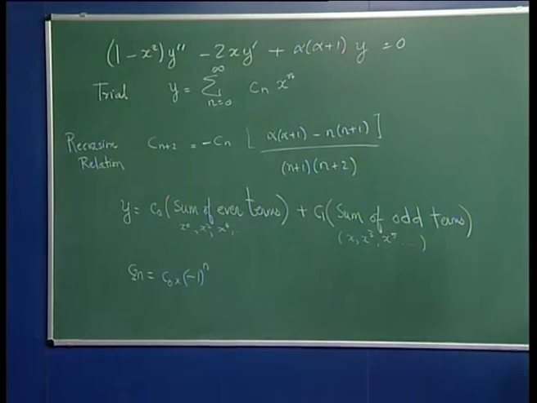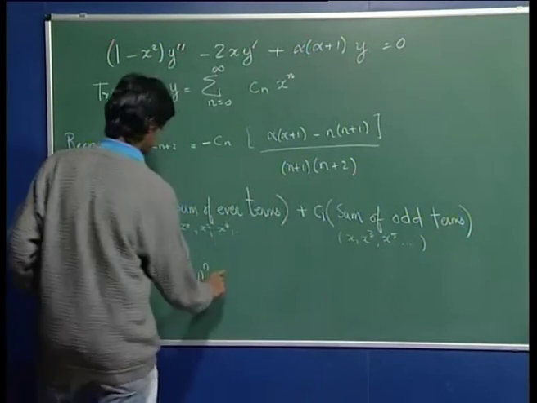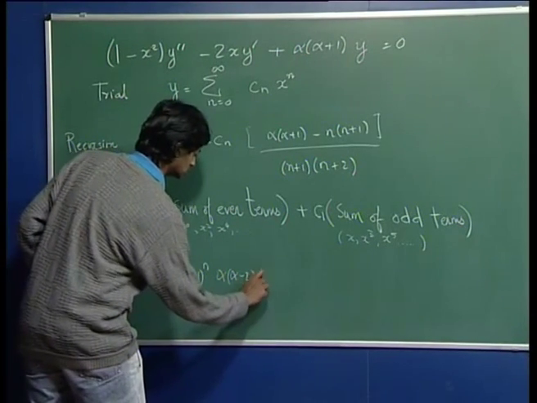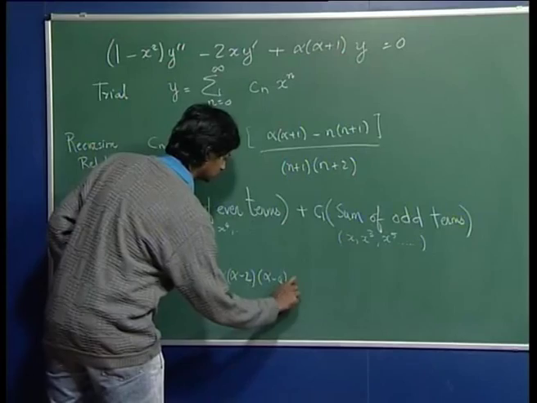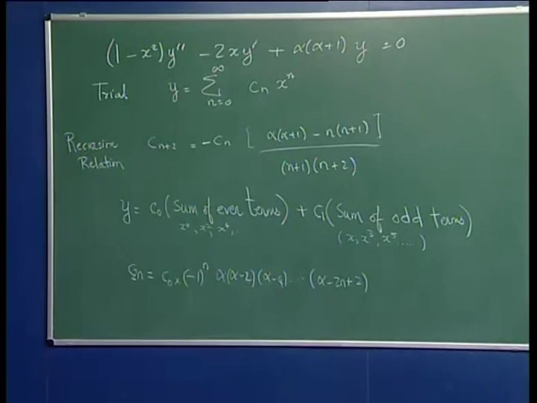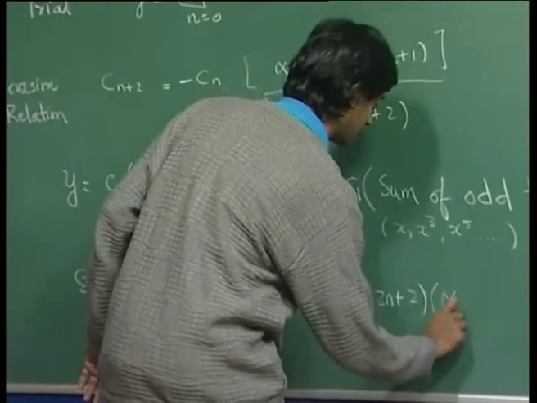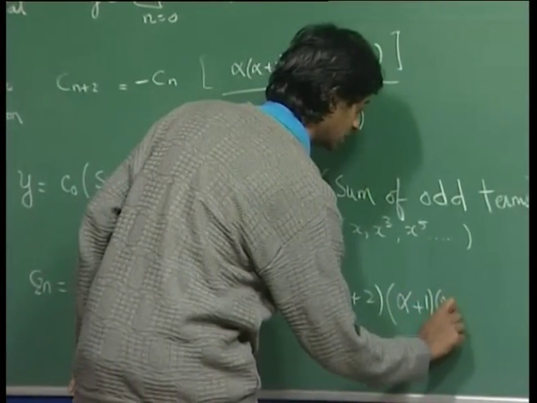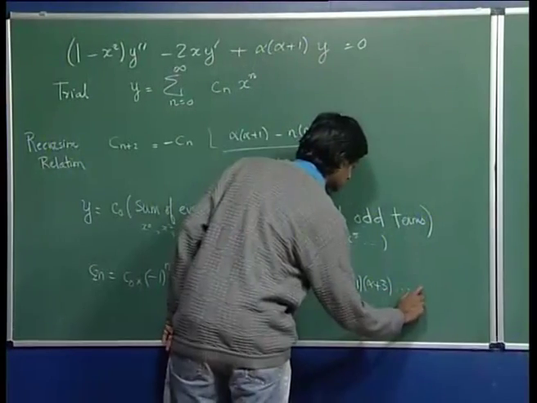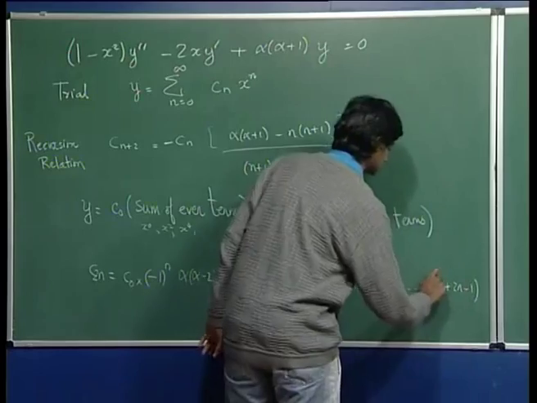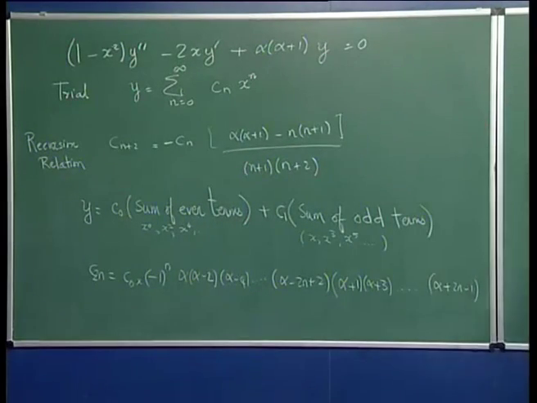Then you have alpha minus 2, alpha minus 4, all the way up to alpha minus 2n plus 2, and this whole thing is multiplied by alpha plus 1, alpha plus 3, up to alpha plus 2n minus 1. This whole thing is divided by 2n factorial.